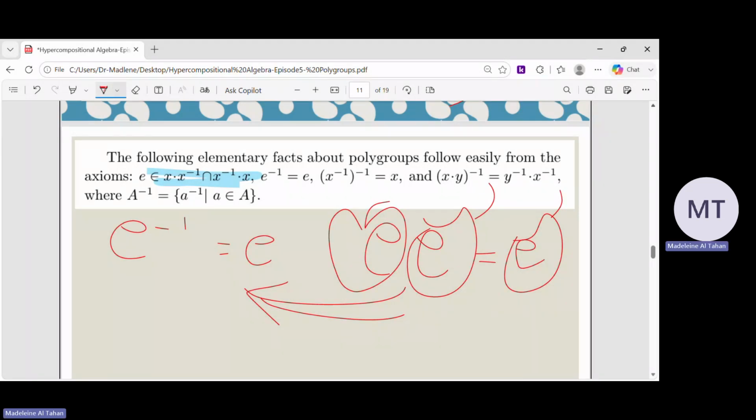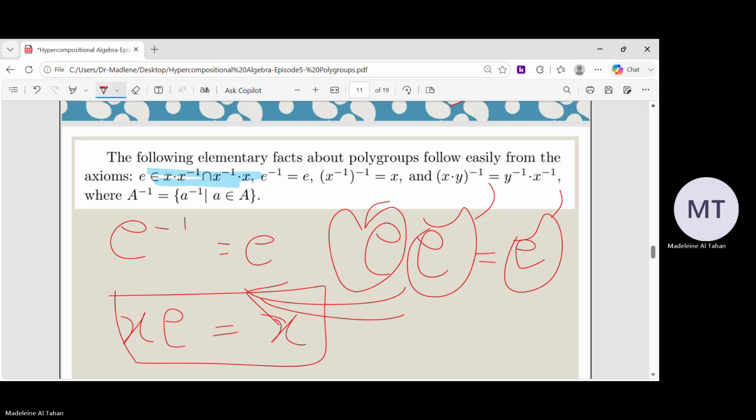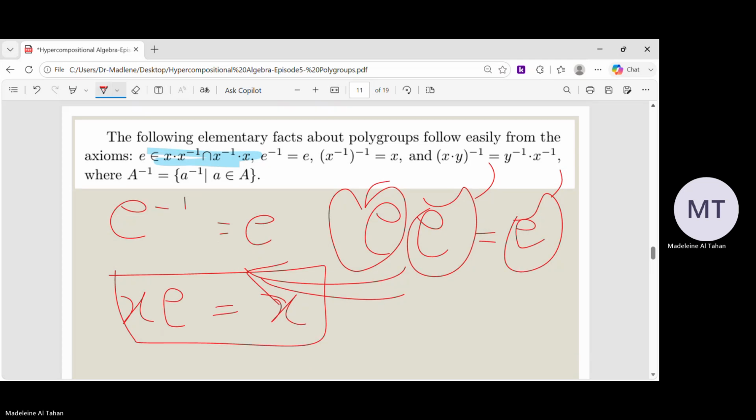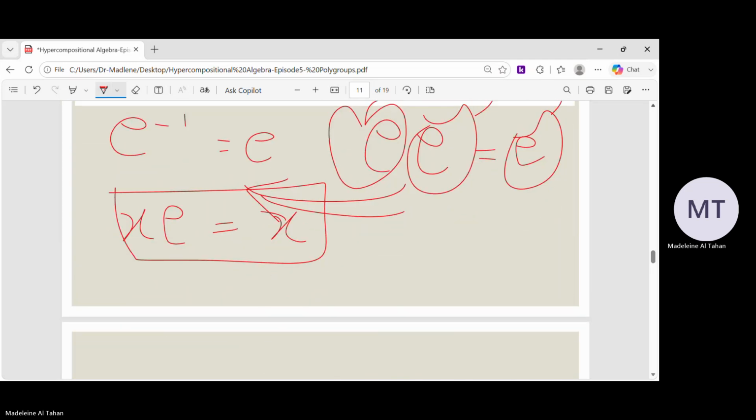So first of all, we know that X times E or E times X is equal to X, right? Let's apply the reversibility property. What does this mean? It means that X belongs to XE intersection EX. Of course, here EX is equal to X.